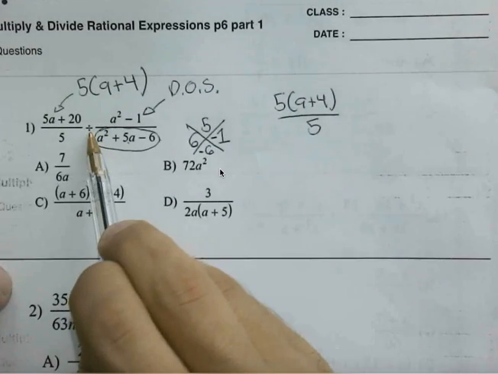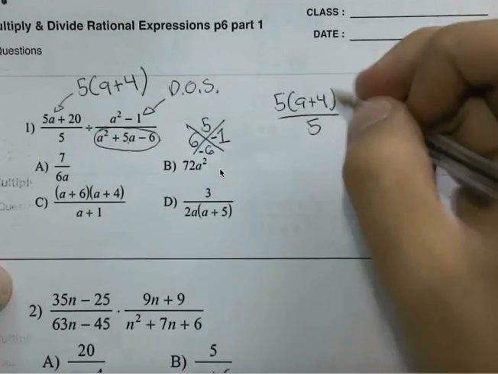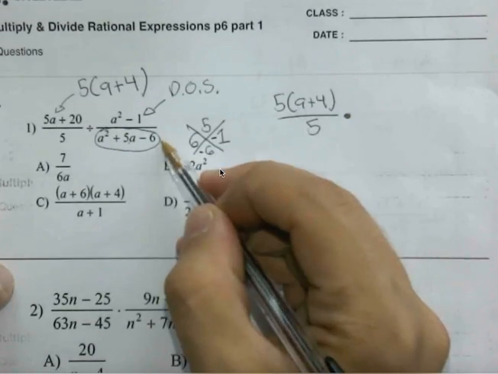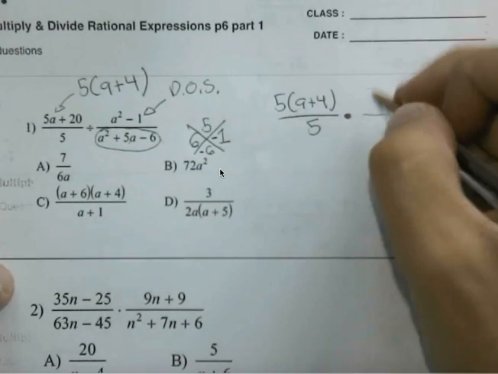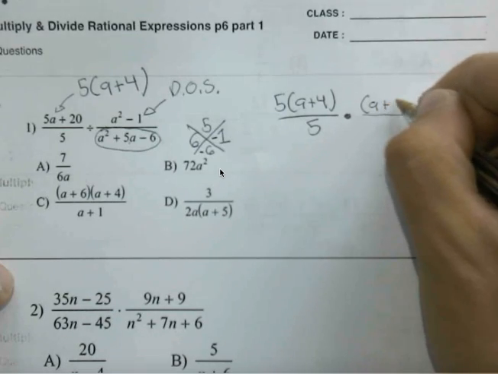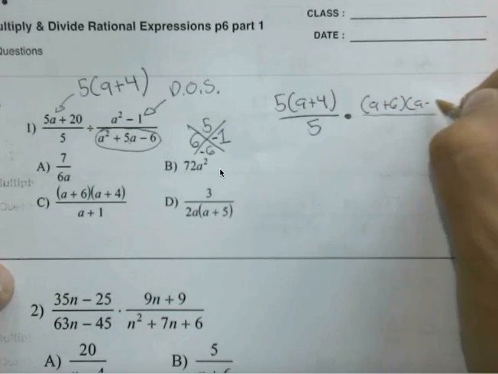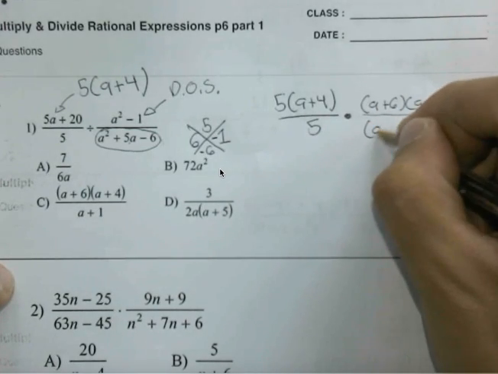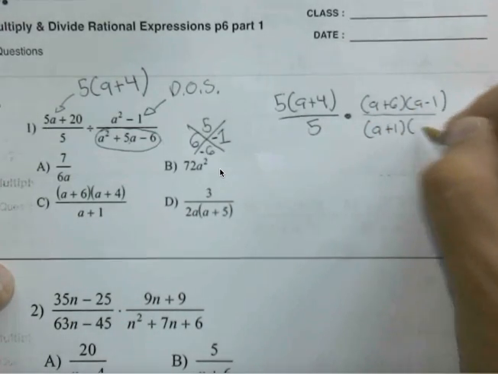I know I'm dividing, but now I'm going to multiply and switch around so that this factored form is now in the numerator with a plus 6, a minus 1. Then finally, the difference of squares, a plus 1, a minus 1.